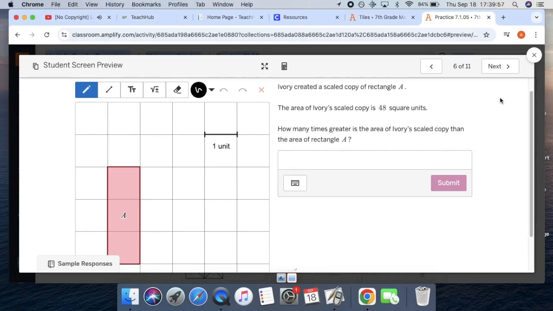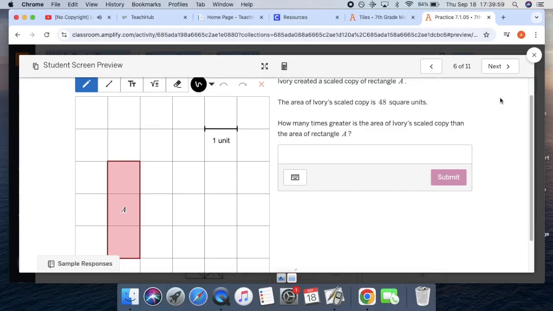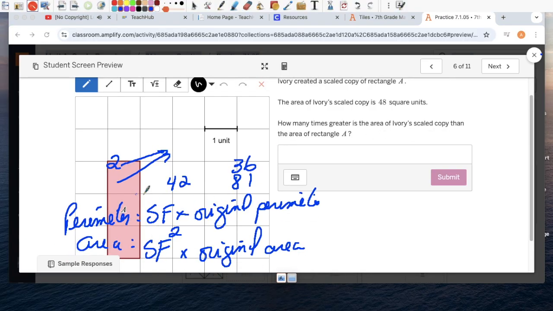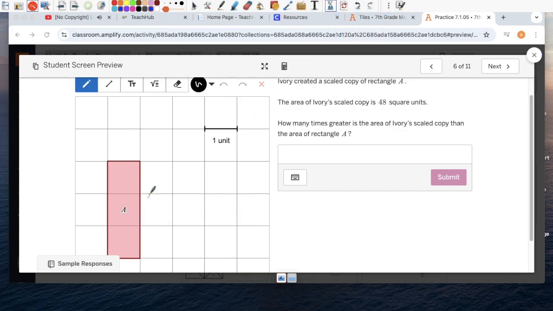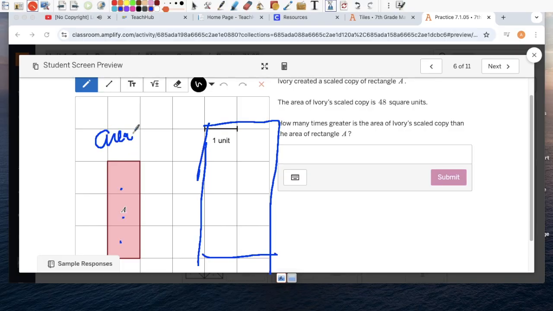Six. Ivan created a copy of rectangle A. The scaled copy is 48 square units. How many times greater is the area of Ivan's scaled copy than the area of rectangle A? So there's this rectangle that was built. So Ivan created a much bigger one. In the original, the area of this one right here is 3.